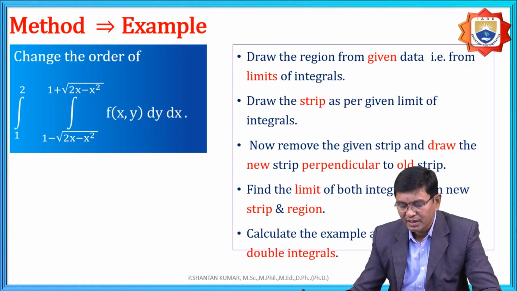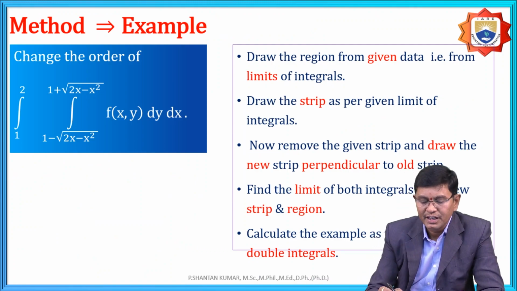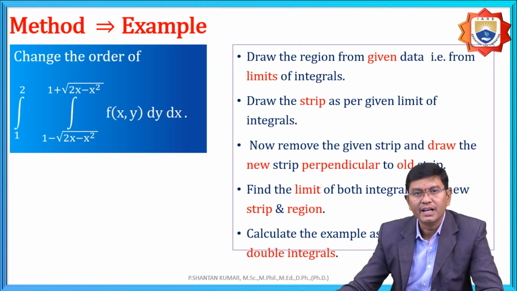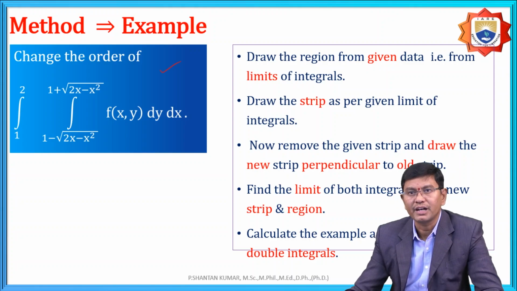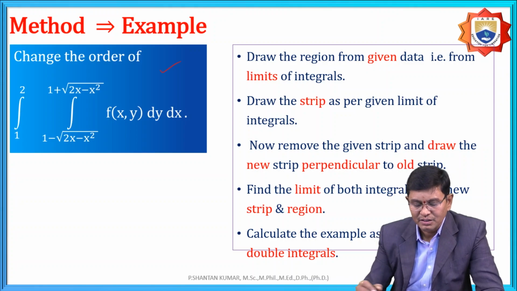For example, for any problem given under double integration, we first need to draw the diagram, and after drawing the diagram we need to change from vertical to horizontal and horizontal to vertical step, then find the solutions.